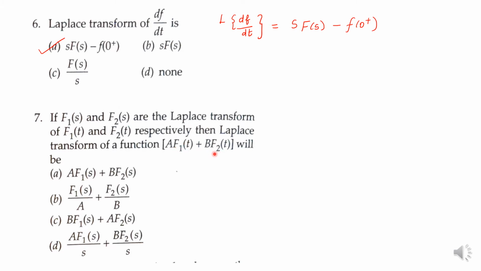Plus b f2 of t, what is the Laplace transformation? b F2 of s. So what is the answer? Option A is the correct answer for this problem.